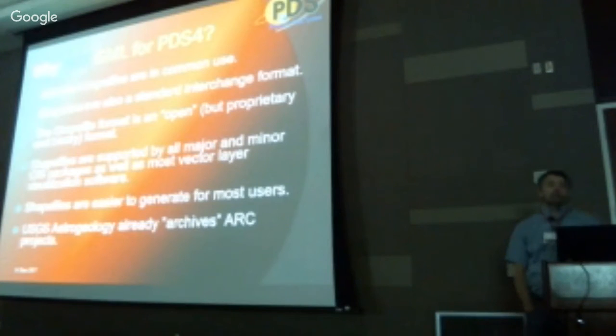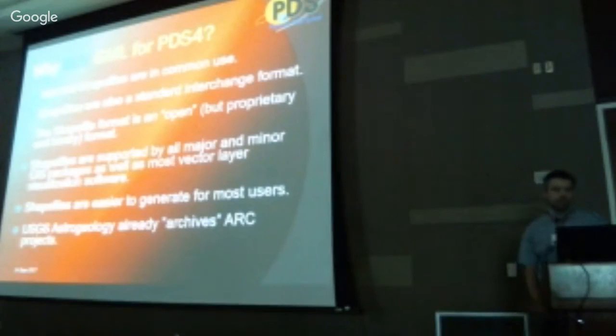You can't write your own software. You can't use new software packages to access those shapefiles without going through some hoops. Those ArcInfo shapefiles are supported by all major and minor GIS packages, similar to GML.